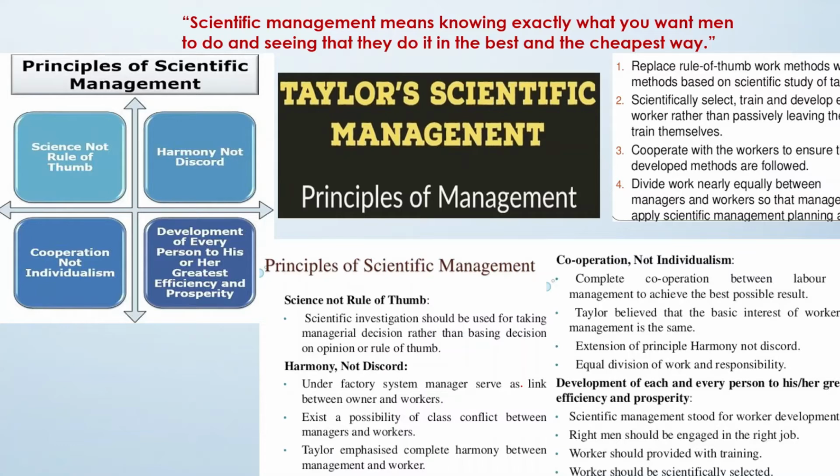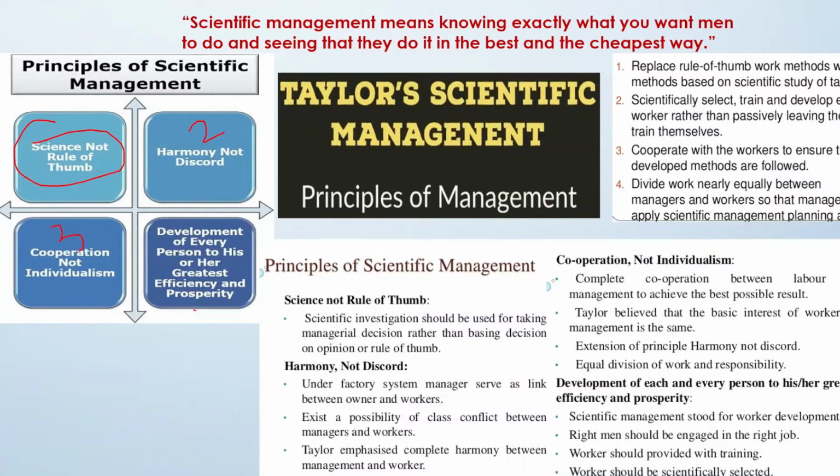So what are the principles? There are four principles given by Taylor's scientific management. One is science, not rule of thumb. Harmony, not discord. Then cooperation, not individualism.